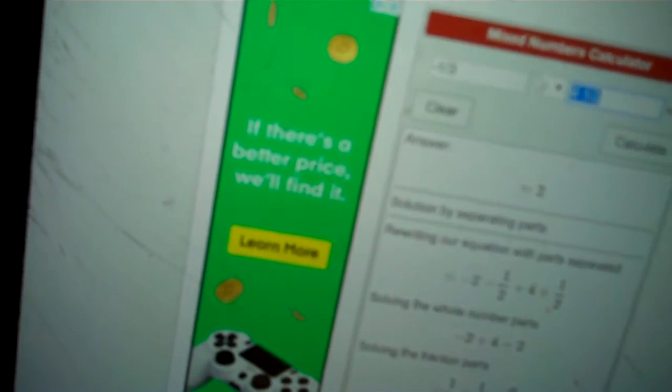Now on the fraction calculator, if you need to use it, first you're going to go -1 divided by 3. And you want to multiply that by -6, okay? So that's 2, and then 2 times 5 is 10, so positive 10, okay? Number 11.